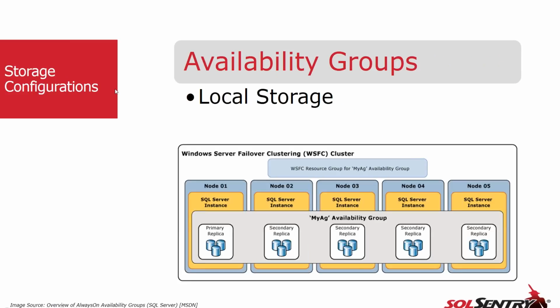So let's start off by looking at storage configuration for failover cluster instances. As I said, in this example, we've got 2 nodes, one on site A and one on site B. The failover cluster instance spans both nodes, so it can run on one or the other.